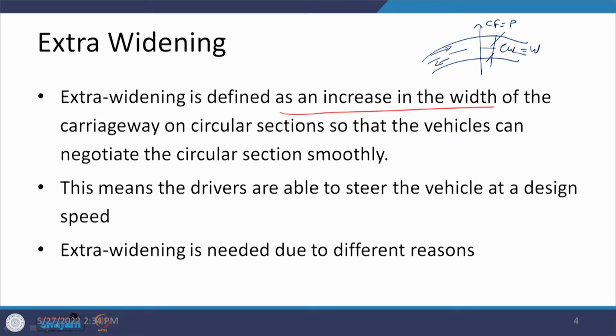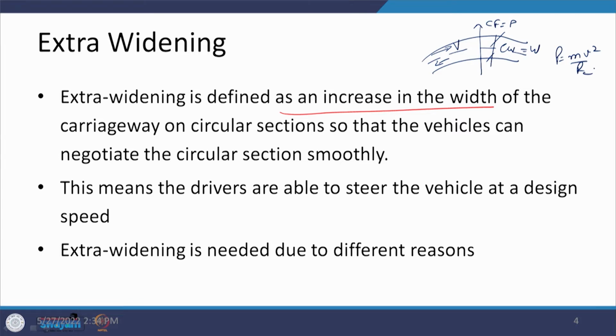This P is equal to mv square divided by Rc, where v is the speed with which the vehicles are moving, m is the mass of the vehicle and Rc is the radius of the horizontal circular curve.